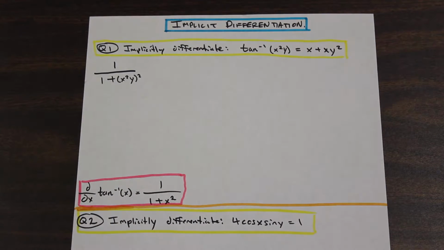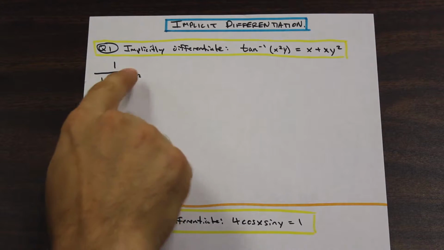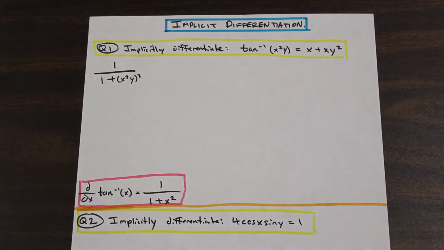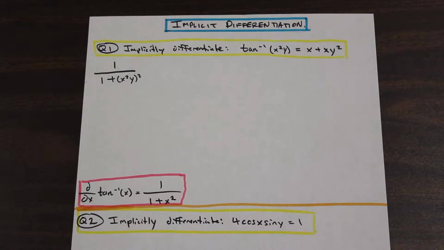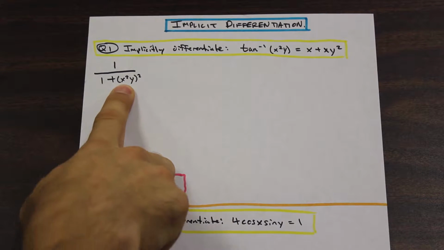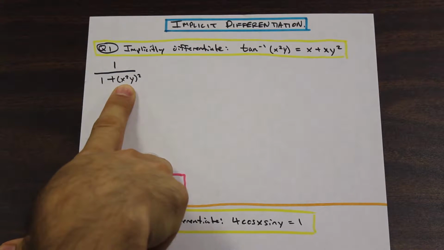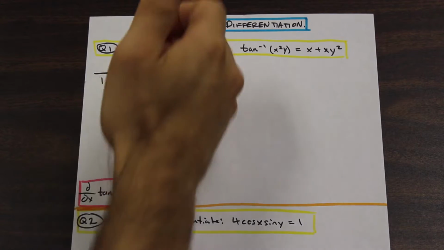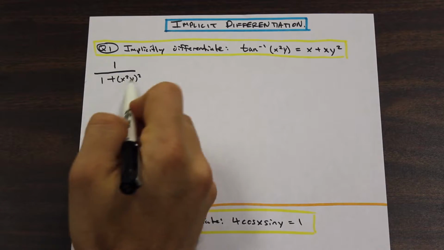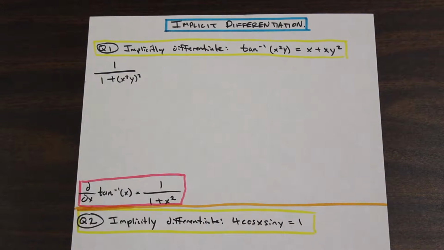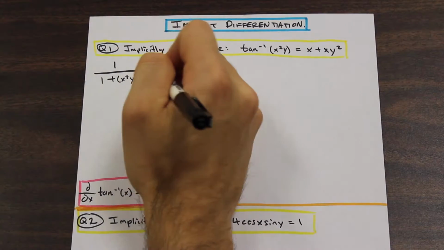If you remember with the chain rule, we take the derivative of the outer function, and then multiply it by the derivative of the inner function. In this case the inner function is x squared y, that's our g of x. So we need to multiply by the derivative of the inside of this bracket, which is x squared y. In order to do that, we're going to have to use the product rule.